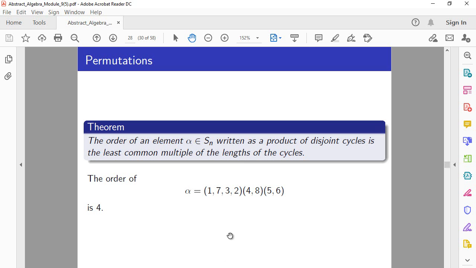So, for example, what's the order of the permutation here, where alpha is a product of disjoint cycles? The first cycle has length 4, the next one has length 2, and the next one has length 2. So the LCM here is 4. So the order of alpha will be 4.